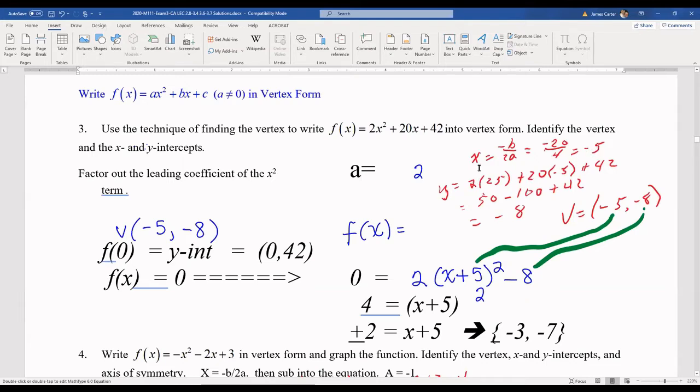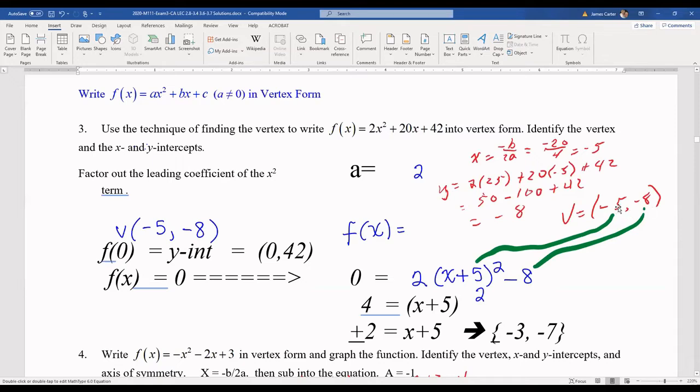Okay, so that means the line of symmetry is x equals -5, which is the first value of the vertex. Now we take that -5 and substitute it into the equation, and it gives us -8. So the vertex is (-5, -8).